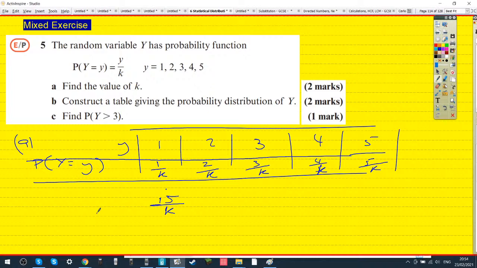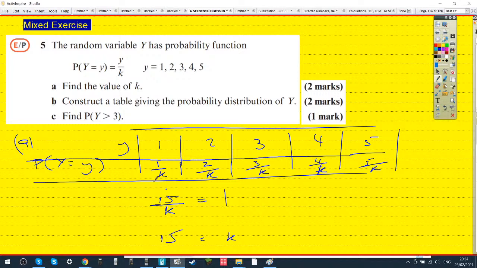And then what would you make it equal? What do probabilities add up to? 1. So you times by k on both sides, and then divide by 15, which gives you k equals 15.